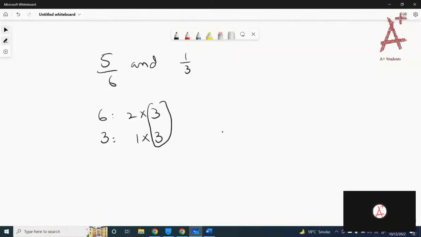Rafael, it is 6. 3 is a common factor and you have to multiply the other factors also. You have 2 and 1. Just multiply them. It would be 3 times 2 is 6. The least common denominator is 6, not 3. Just look at the board. Got it now? It is 6. Got it now, Rafael?